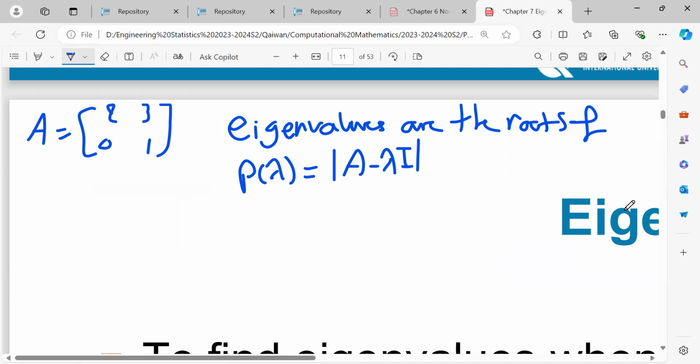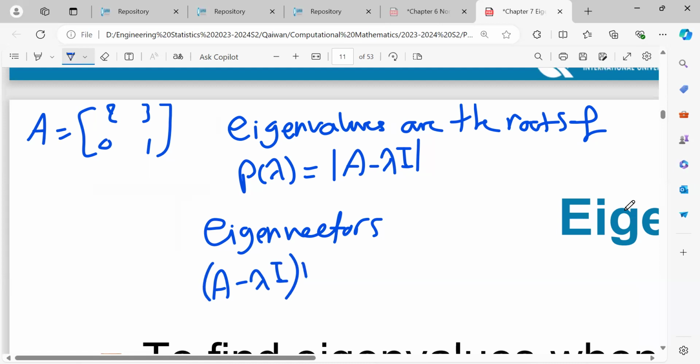For finding eigenvectors, what we do is say A minus lambda I times V equals 0.